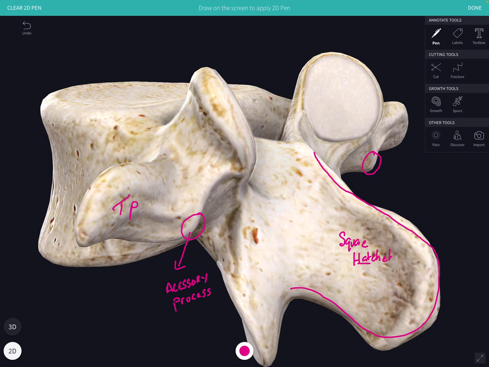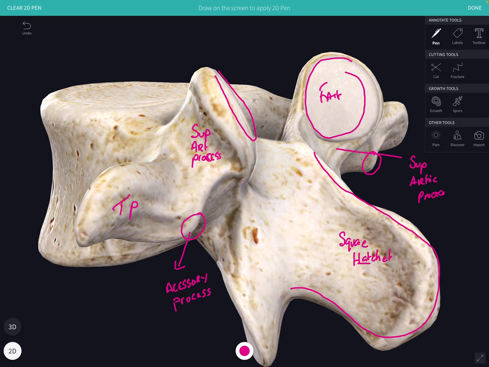Now we've got the superior articular process, and the superior articular process carries the superior articular facet, and it will be here because we're looking at the image slightly obliquely.